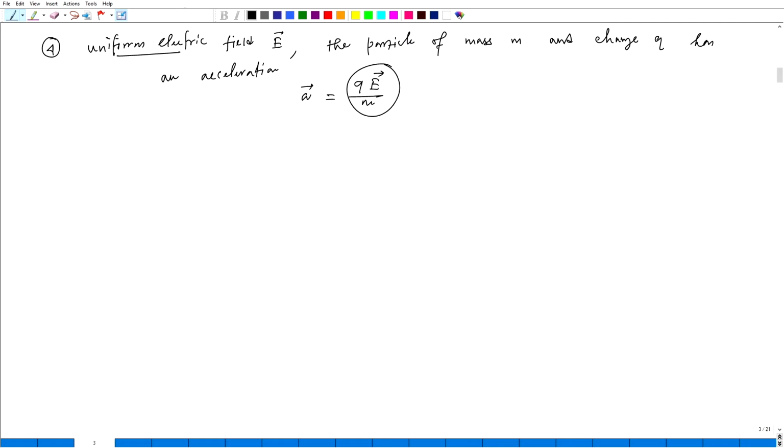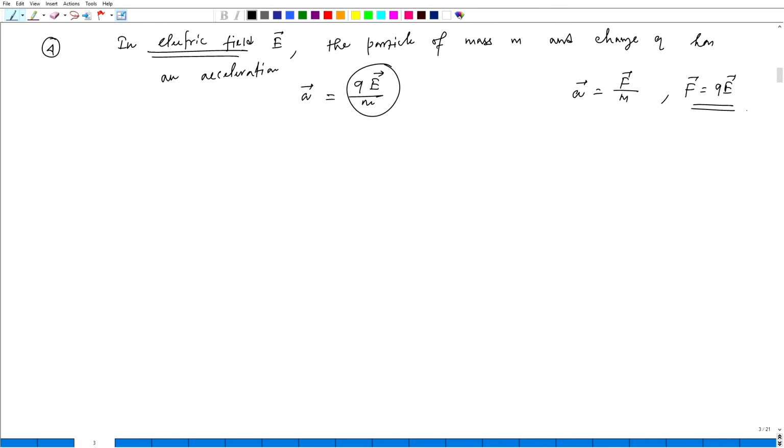Here we consider a uniform field, but it may not be uniform. For any electric field, basically the a vector is F vector over m. Now we know that the F vector is q times E vector. So here E can be uniform or non-uniform. So this holds in any type of electric field.